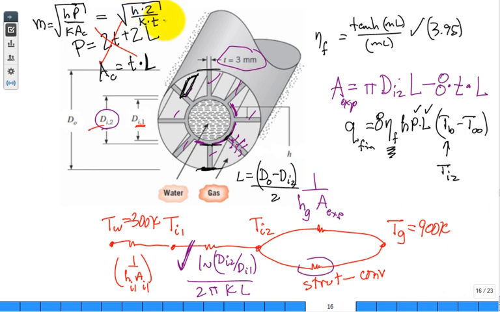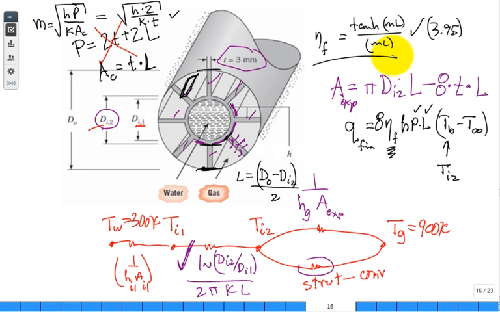You could probably find that equation somewhere in our textbook, right? It's in chapter 11. Okay, so you use this. That's how you calculate the fin parameter. That's how you calculate the efficiency of the fin.